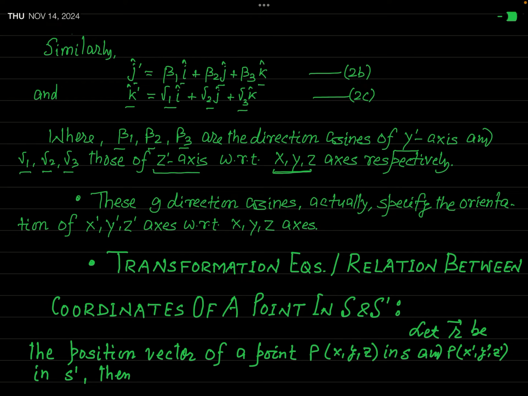So how we can express the unit vectors I dashed, j dashed and k dashed, which are the unit vectors along the axes of the body coordinate system, in terms of their direction cosines with respect to the axes of a space coordinate system, I think you have learned. Is it clear?